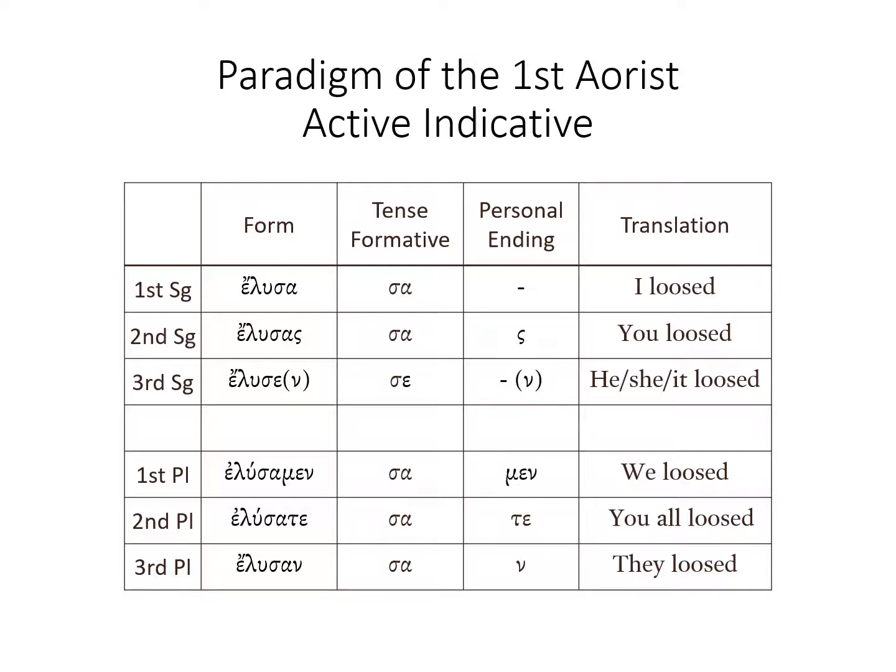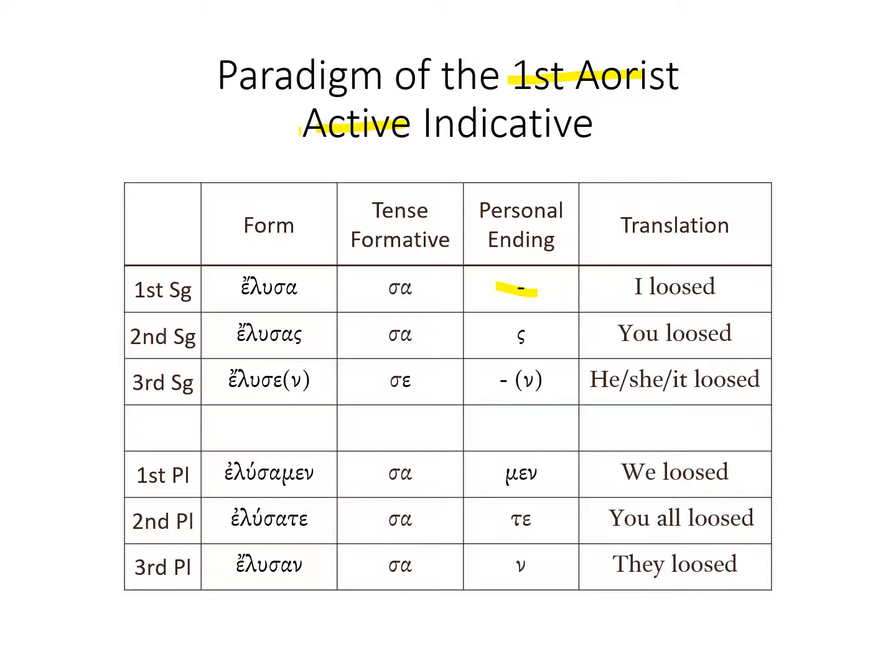Now, there are a few nuances, as I mentioned earlier. With the first aorist active, just with the first aorist active, this personal ending goes away. What are we expecting here? We're expecting a letter nu, but it drops off. It's gone.